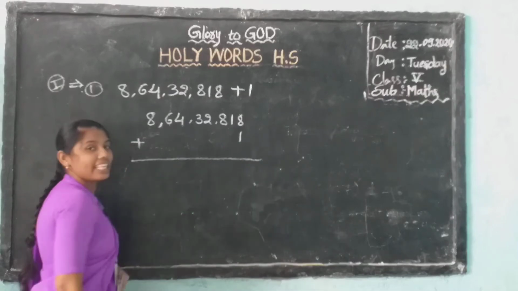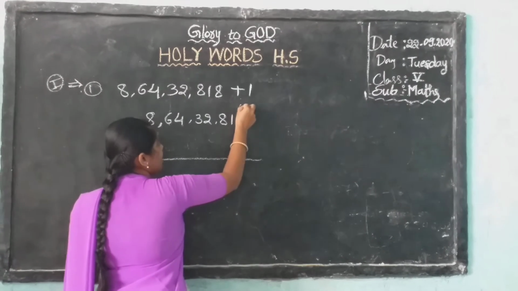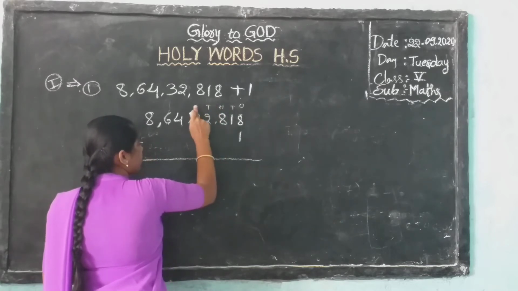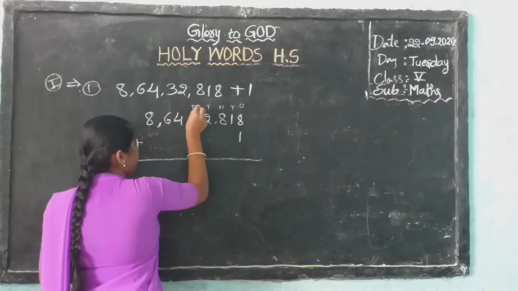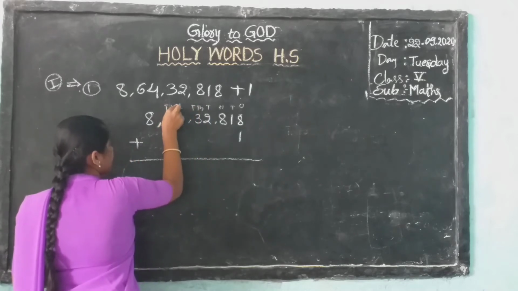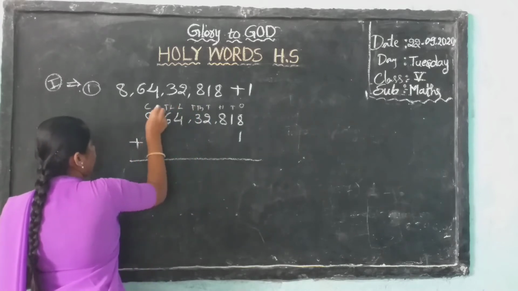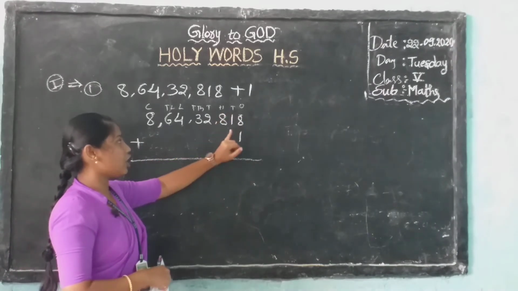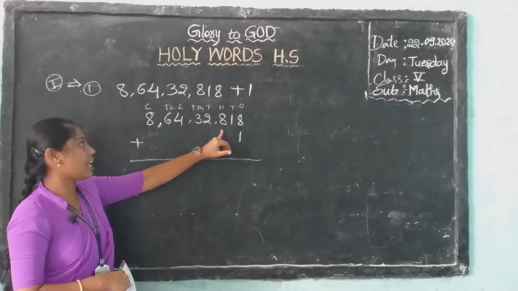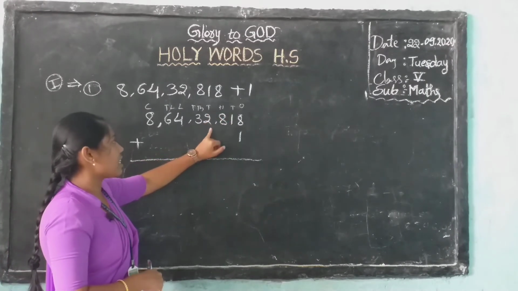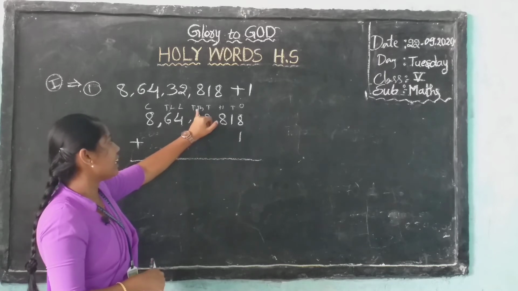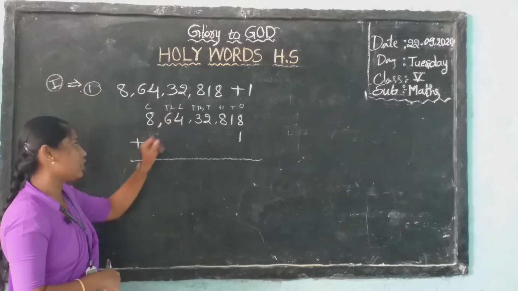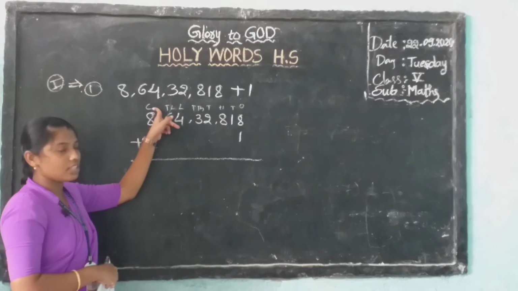We start from ones, tens, hundreds, thousands, 10,000s, lakhs, 10 lakhs, then crores. O denotes ones, T tens, H hundreds, T thousands, TH 10,000s, L lakhs, TL 10 lakhs and C crores.